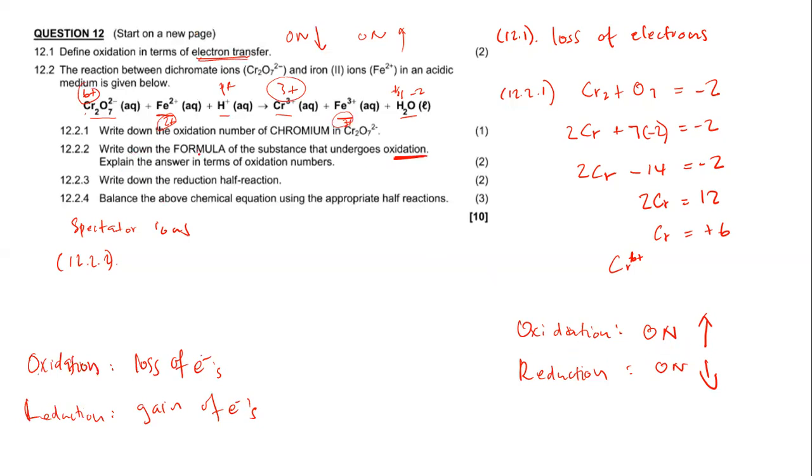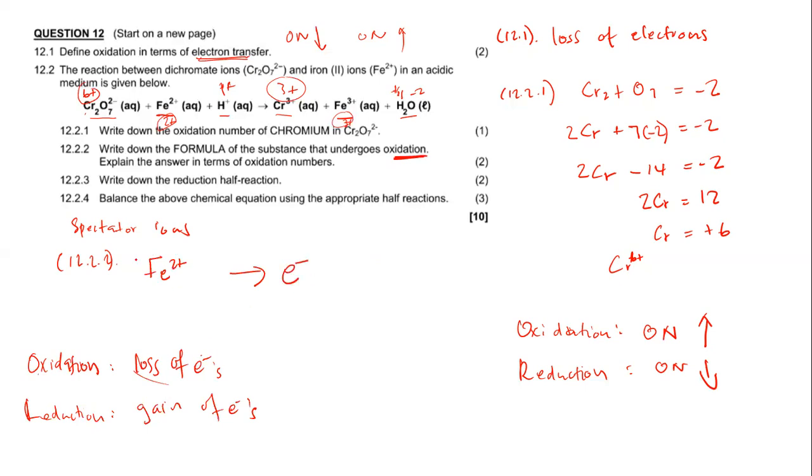So now, which one is undergoing oxidation? Because we said Fe increases. So the formula will be Fe2 plus will lose the electrons.